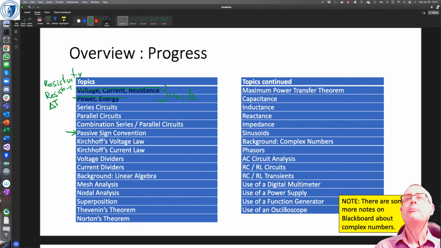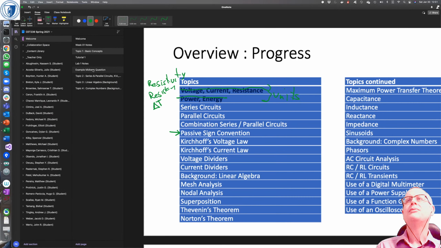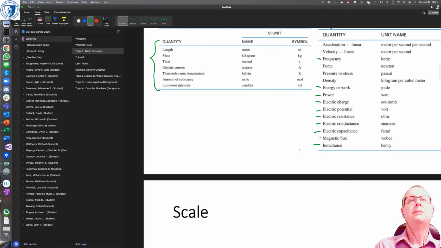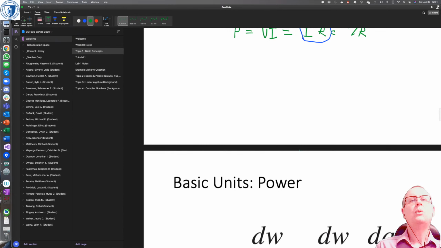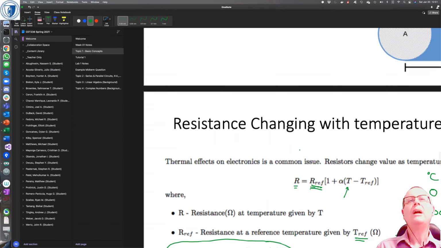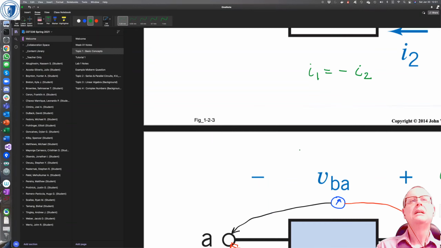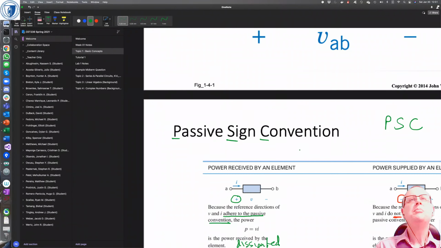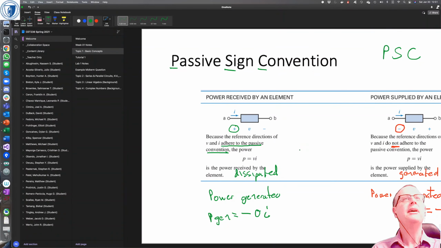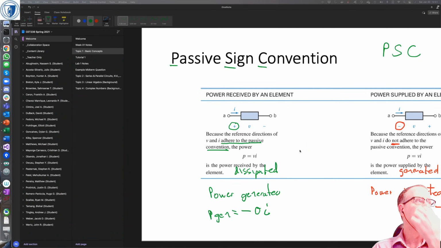So yeah, we've still got a bit to do, right? So I have gone through all the topic 1 notes, right? And the most important thing out of these notes is the passive sign convention.